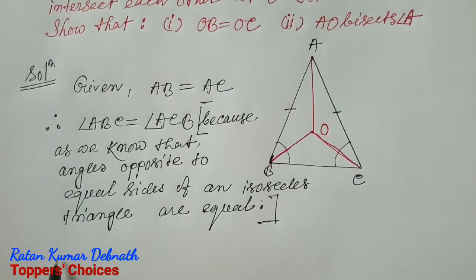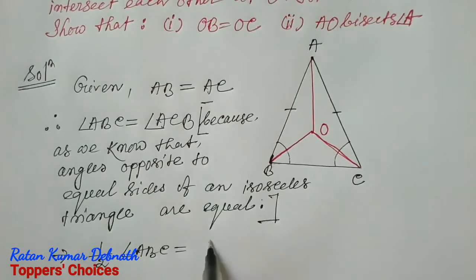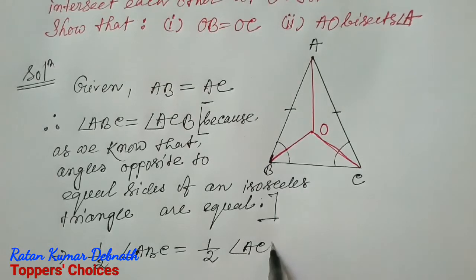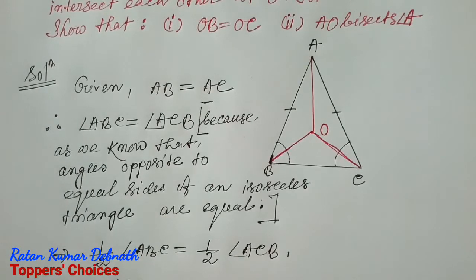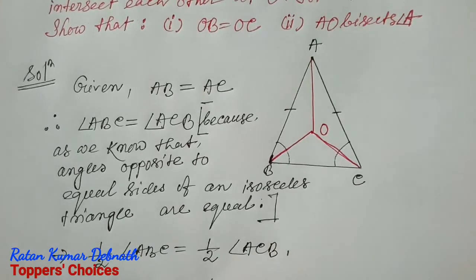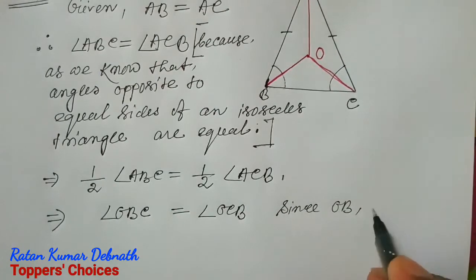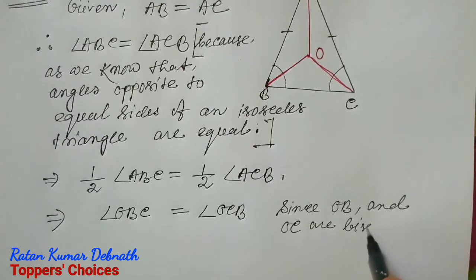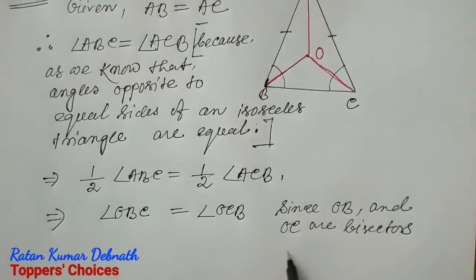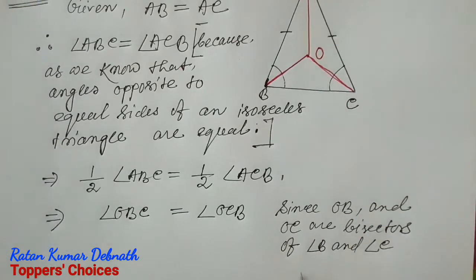Now, which implies half of angle ABC equal to half of angle ACB, which implies angle OBC equal to angle OCB, since OB and OC are bisectors of angle B and C respectively.